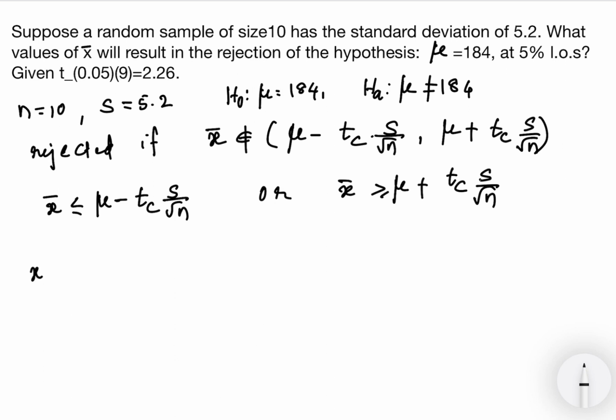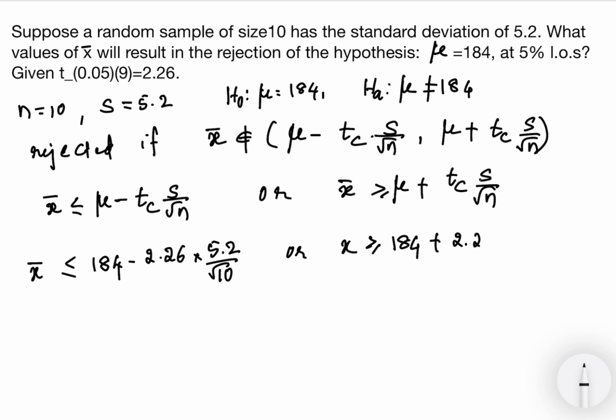So that is, x bar should be less than or equal to 184, because mu is equal to 184, minus TC, which is 2.26, times S, which is found to be 5.2, divided by root 10, or x bar should be greater than or equal to 184 plus 2.26 times 5.2 divided by root 10.